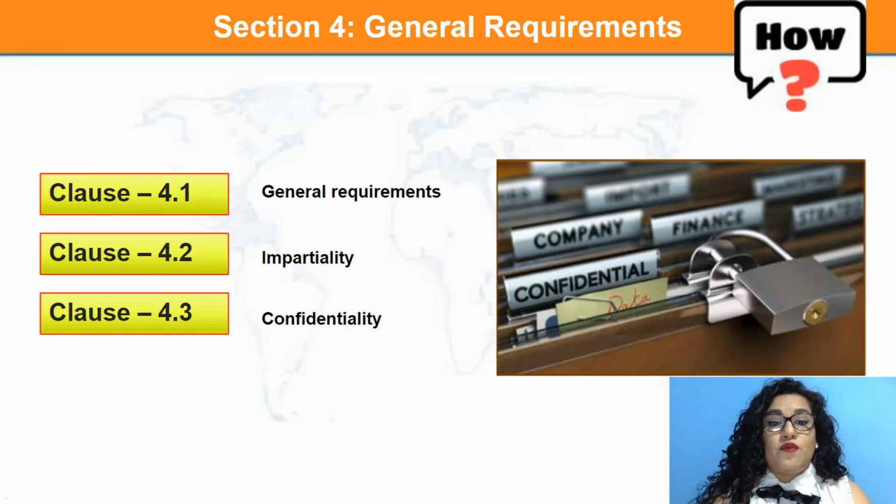Clause 4.2 is about the impartiality of the staff. The biobank will be responsible for the impartiality and shall not allow internal or external pressure to compromise it. Clause 4.3 is about confidentiality. This is the confidentiality between the customers and the biobank, and of course the staff and all involved in the biobank activities.